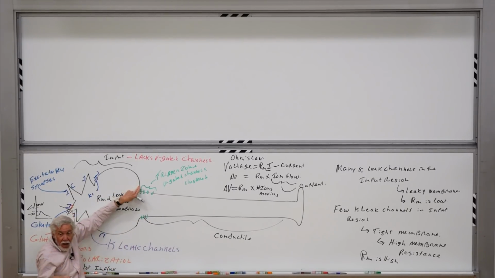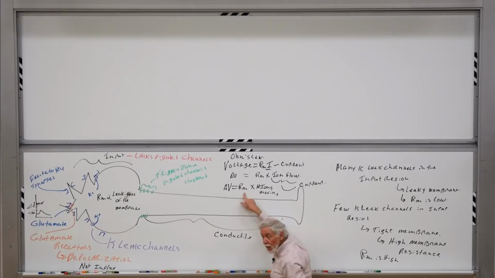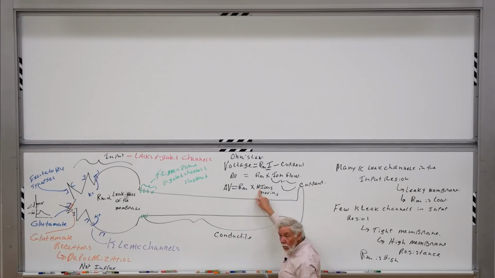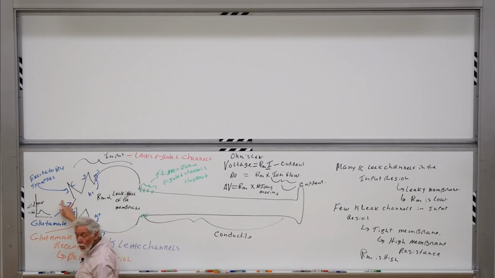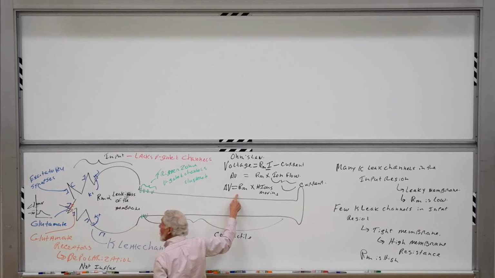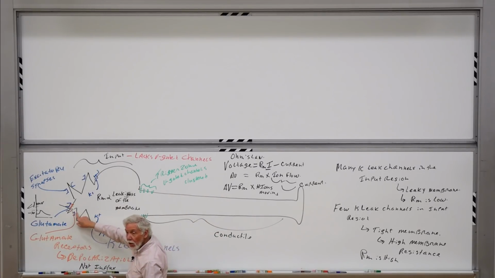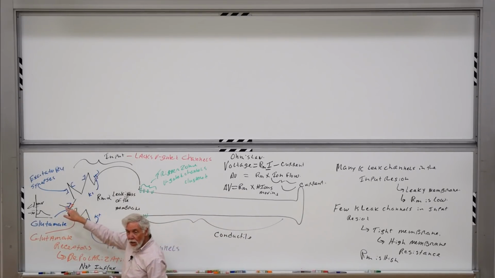We can now provide a quantitative estimate of that by saying that it's dependent upon Rm. The number of ions that move at a synapse is pretty much always the same. But then R sub m will determine the amplitude of the depolarization. The higher R sub m, the tighter the membrane, the bigger the depolarization. The lower R sub m, the leakier the membrane, the smaller the depolarization.